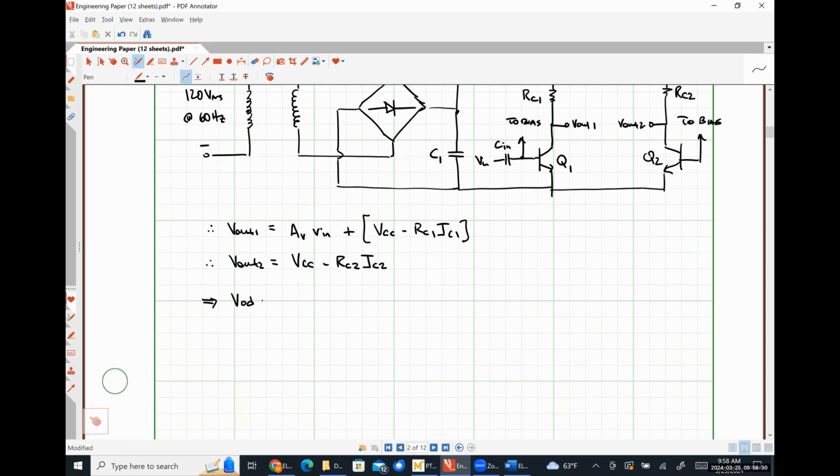And then our differential output, V out 1 minus V out 2, should come out to just be AV times VN if Q1 and Q2 are matched and RC1 and RC2 are matched.